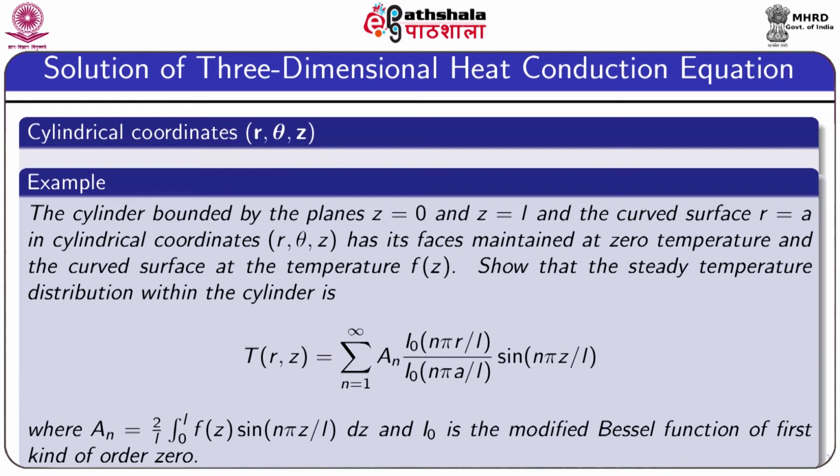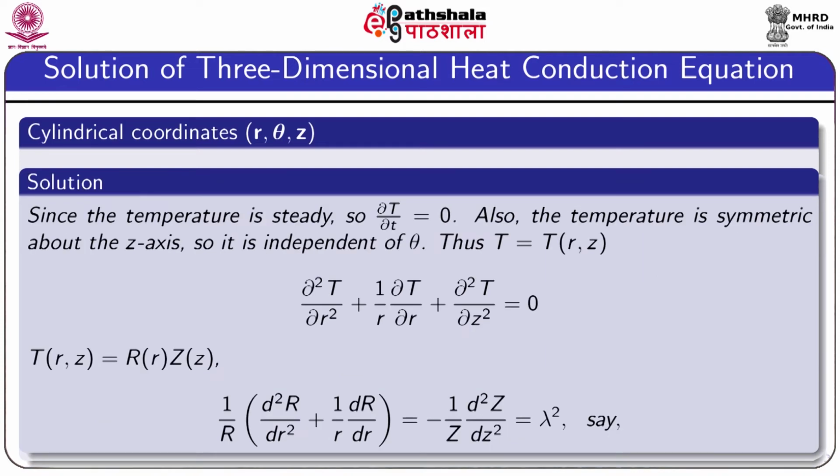Its faces, Z equals 0 and Z equals L, are maintained at 0 temperature, and the curved surface at the temperature F of z. So, for this physical situation, we have to find the steady temperature distribution within the cylinder. So, we have to establish this relation.